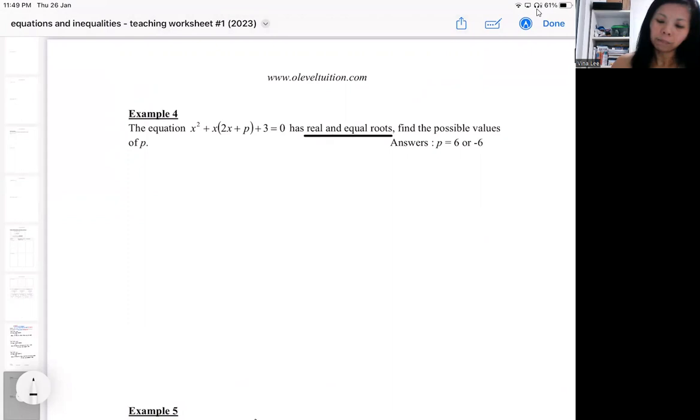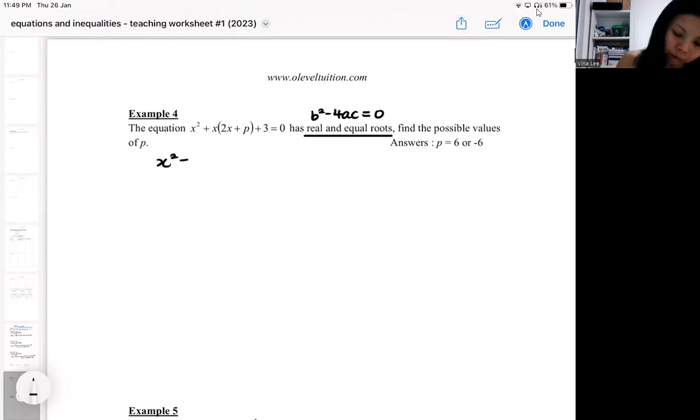Right now, because it has real and equal roots, what do you expect from the discriminant? So you go in the opposite direction. With the idea that the equation has real and equal roots, I'm expecting the discriminant to be equal to 0. So I need to execute the discriminant so as to solve the question to find a possible P.